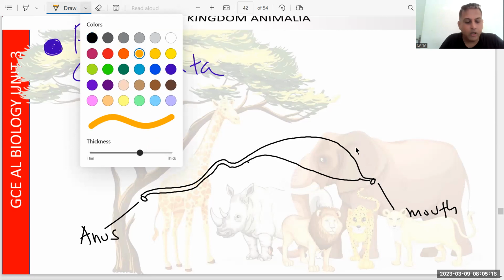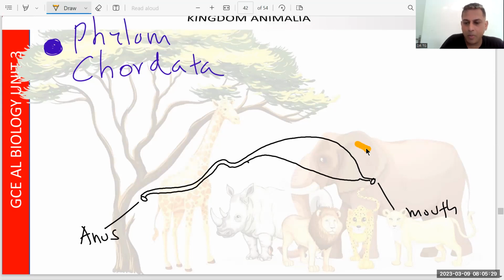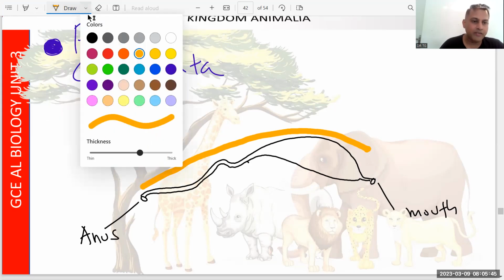Then above the developing digestive system, we can find a structure like this. And then above that one, we can again find a structure like this.